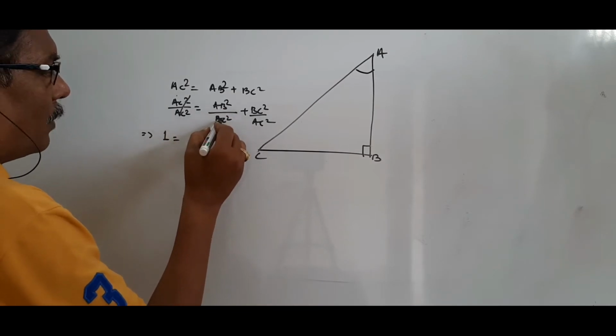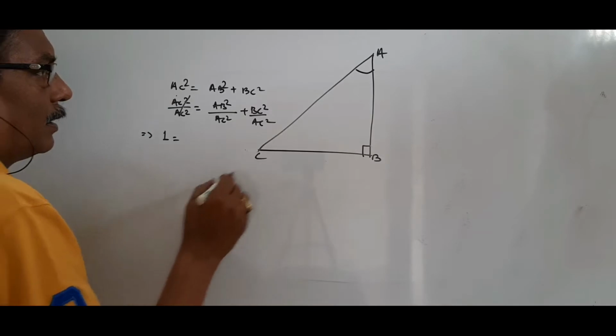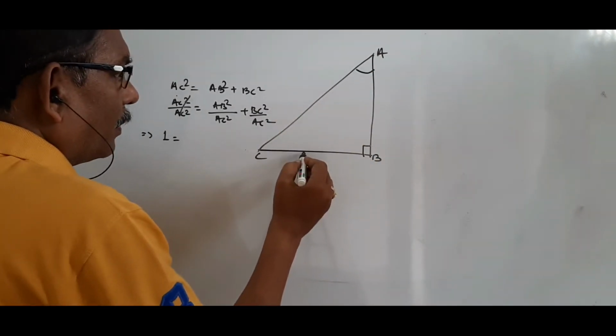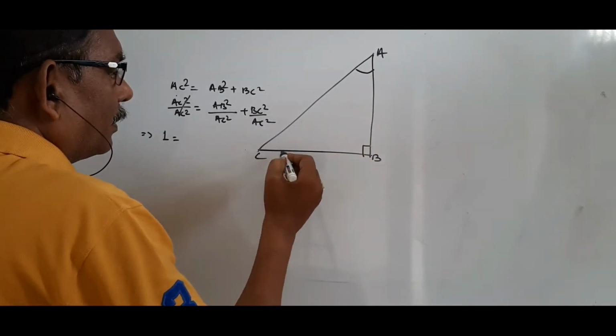So AB square by AC square. AB by AC: if it is your base angle A, the front is the perpendicular, this is the base, and this is the hypotenuse.